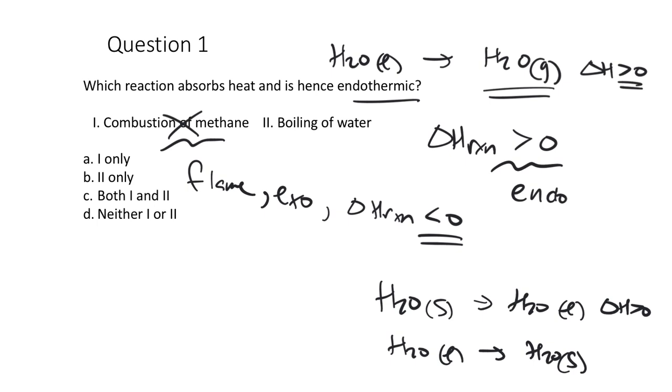In other words, you've got to put it in the freezer, from a warm environment into a cold environment, so you can take the heat away. So heat has to be lost. That's exothermic. And if you flip the water gas to liquid reaction around as well, that would become exothermic. If you go water gas to liquid, that would be exothermic. So only reaction 2 here is an endothermic reaction.